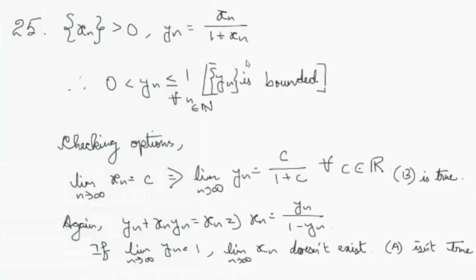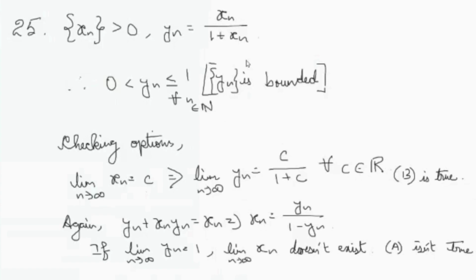Now, checking options, we first go for option B, that is we check that limit n tends to infinity x_n is some c. So we assume that, and then we can observe that limit n tending to infinity y_n is c by 1 plus c for all c belonging to R, and thus B is true. However, x_n is y_n by 1 minus y_n.